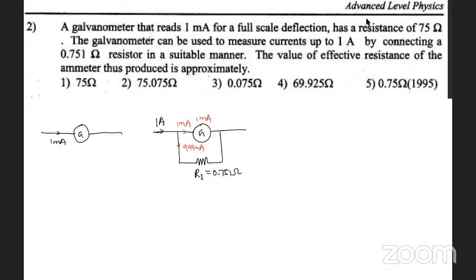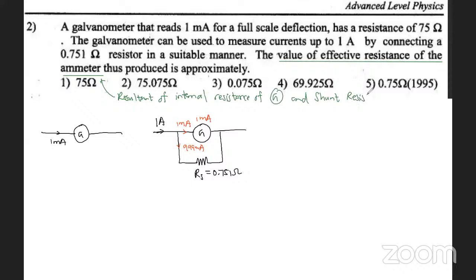The value of effective resistance of the ammeter. How do you find the effective resistance of the ammeter, people? When you say effective resistance of the ammeter, indirectly what are they saying? That is the resultant of the internal resistance of the galvanometer and the shunt resistance, correct?